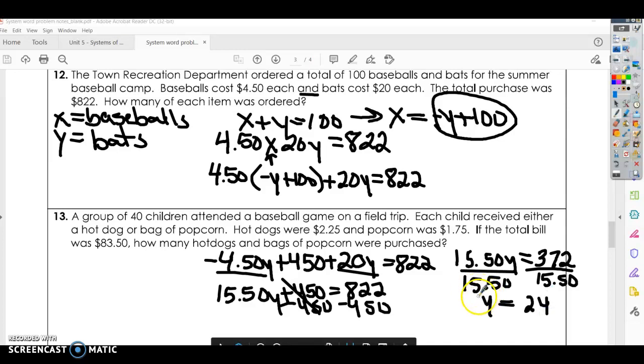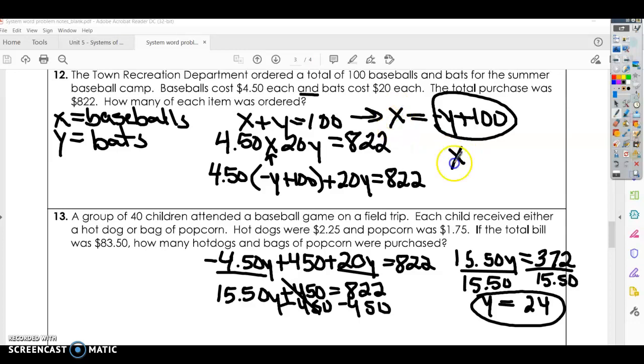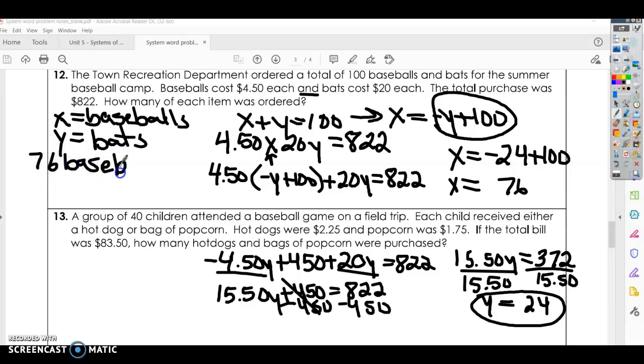All right, once we find y, we can plug that back in to find x. So what is x? X equals negative y plus 100. So negative 24 plus 100 is 76. We can come back over here and say the rec department ordered 76 baseballs and 24 bats.